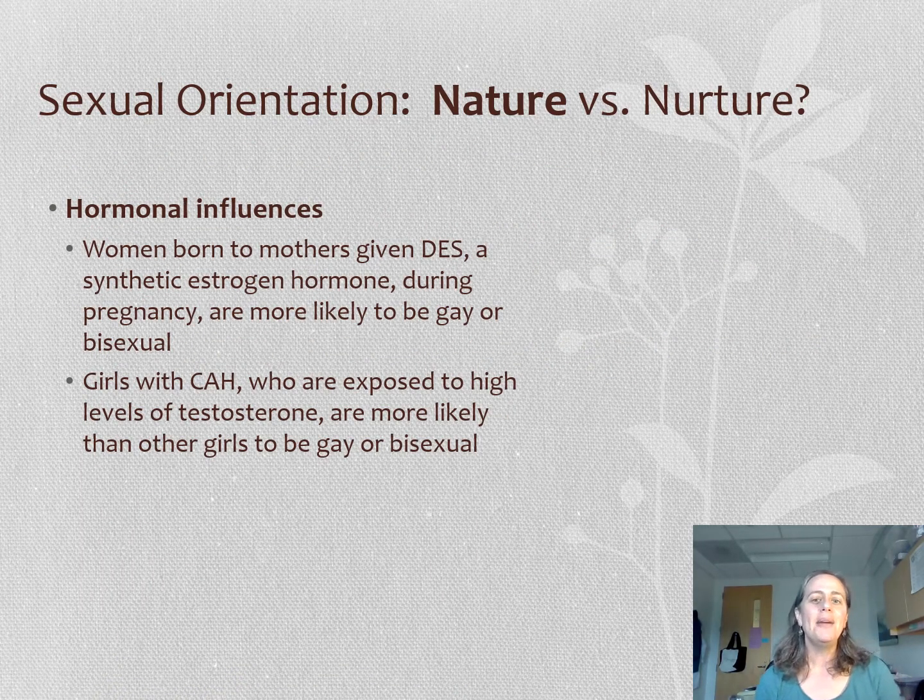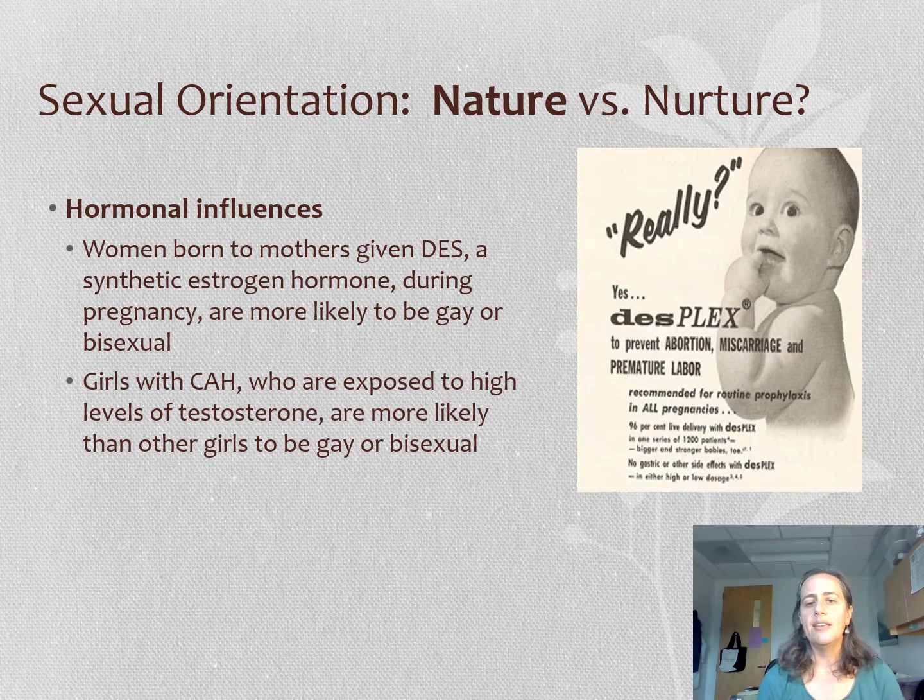All right. What about hormones? Do hormones have anything to do with sexual orientation? Very interestingly, there is a synthetic hormone called DES that in the 50s was given to women who were pregnant. Girls born to the women who took that are more likely to be gay or bisexual than girls born during the same period to women who didn't take that hormonal medication during their pregnancy.